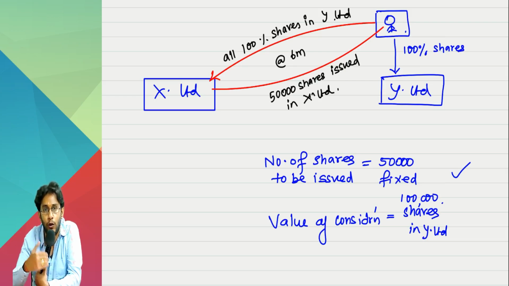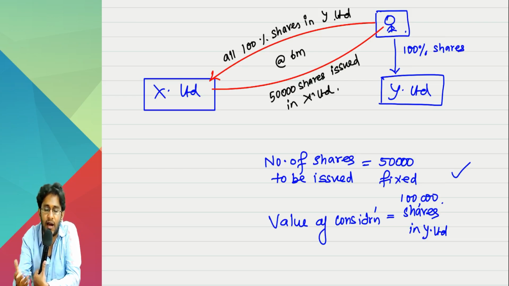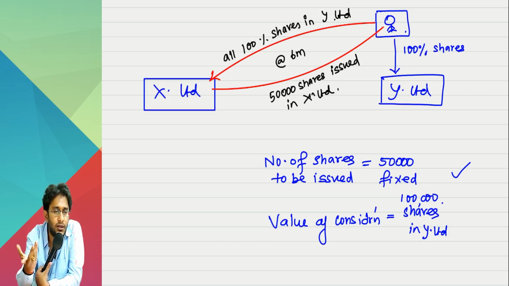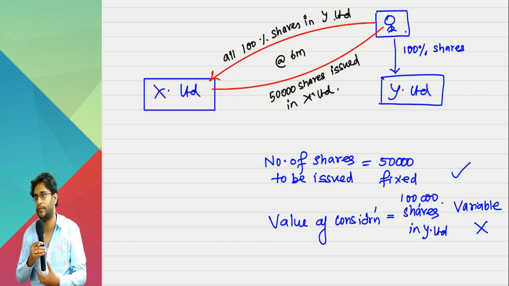For the shares you are issuing, the number should be fixed. For the consideration you are receiving, the amount should be fixed. Now what will be the value of these shares after 6 months? How will I know? I don't know. Value keeps on changing. Therefore this portion is variable. The FTF test fails. Therefore this contract is to be treated as a financial liability.